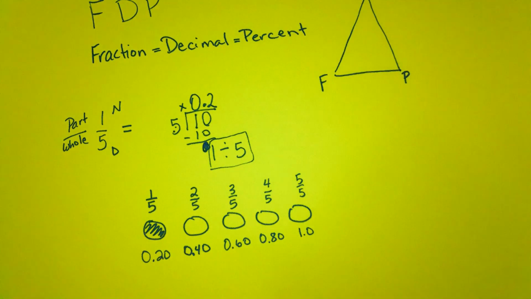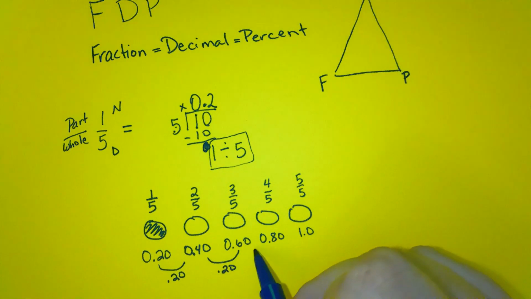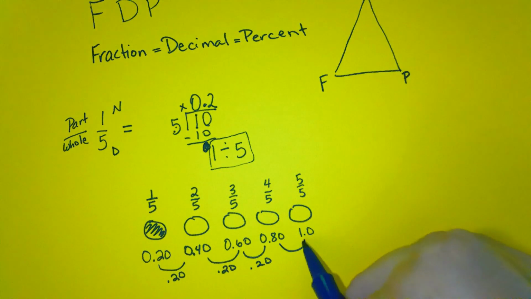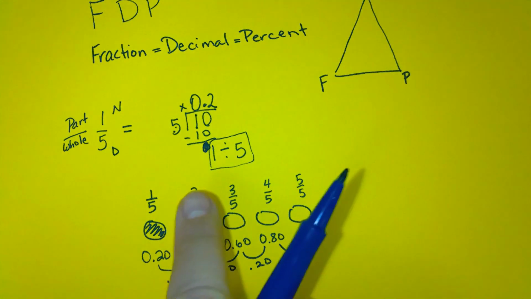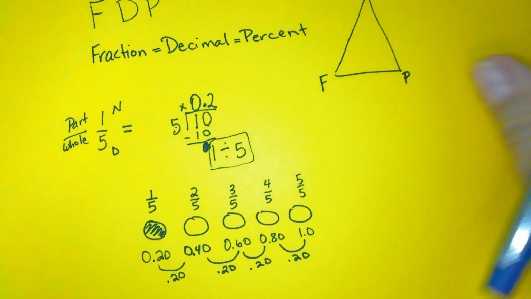If you notice, you're jumping each of these by 0.20, each one by 0.20, until you get your total of 5. Okay? So that is how you turn a fraction to a decimal.